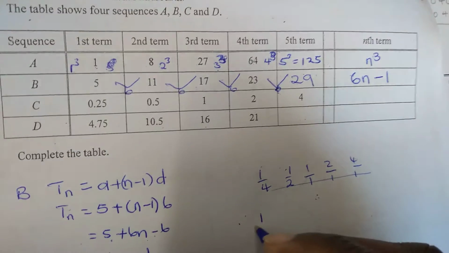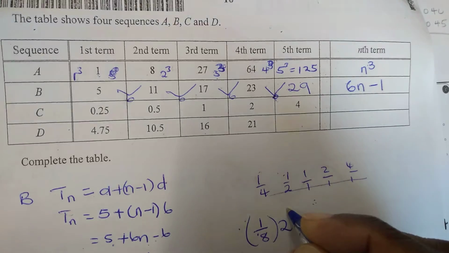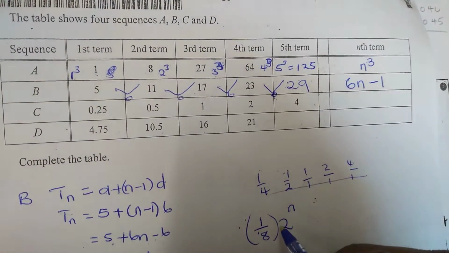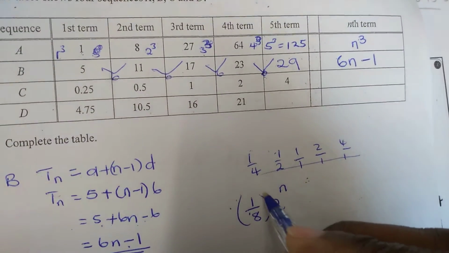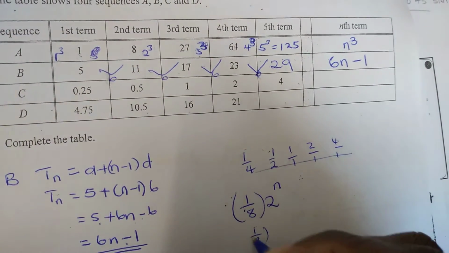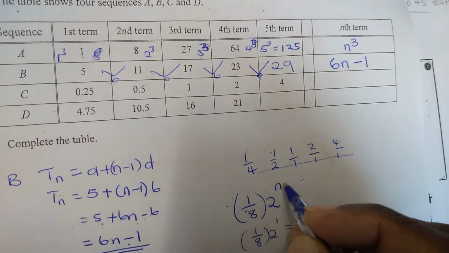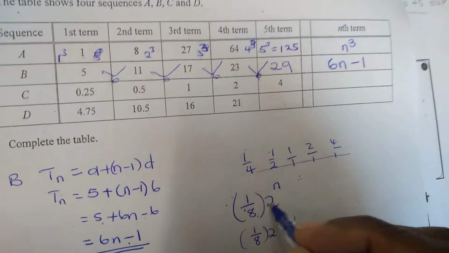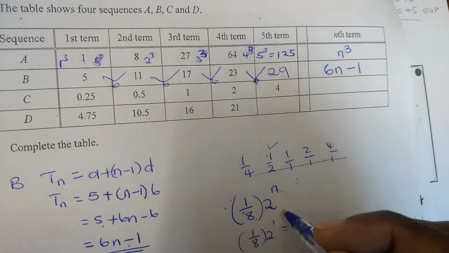Right, if we have got 1/8 times 2 to the power n, if n is equal to 1, we'll have 1/8 times 2 to the power 1 equals 1/4. If we've got n equals 2, we'll have 1/8 times 2 to the power 2, which is 1/8 times 4, which is a half. So it works.